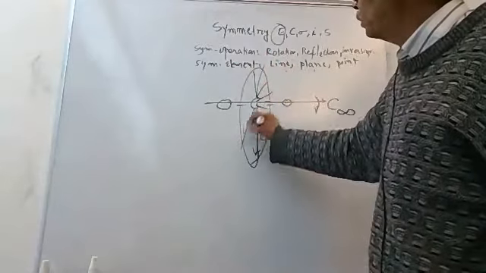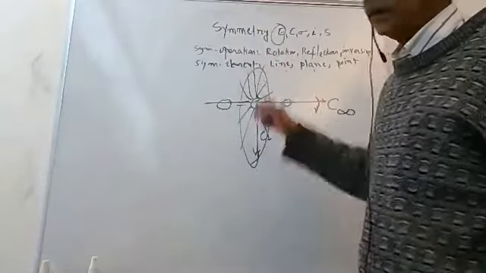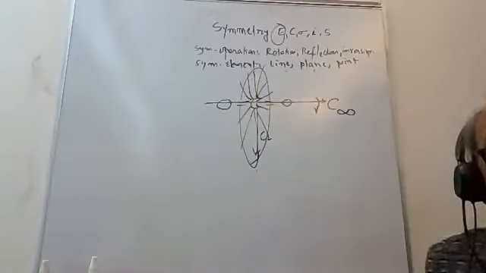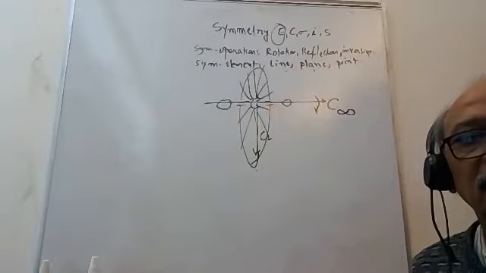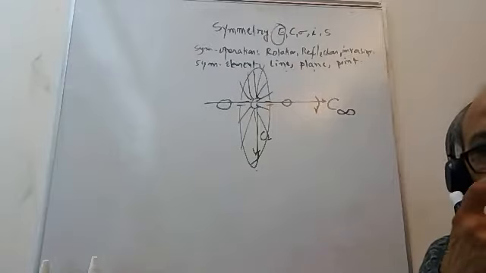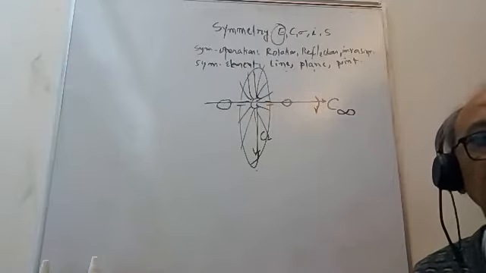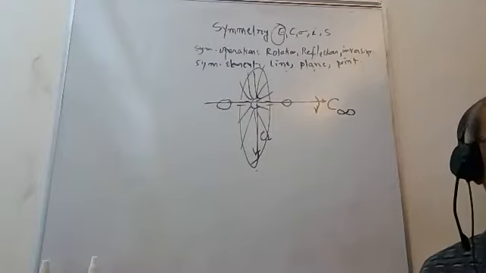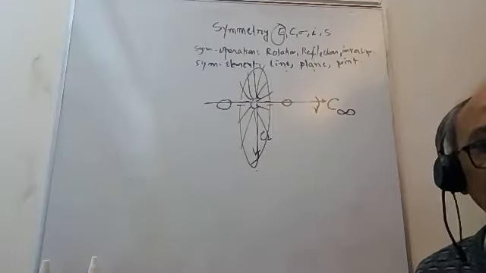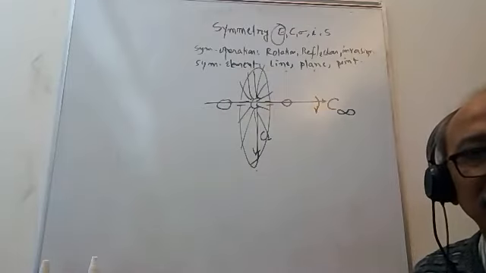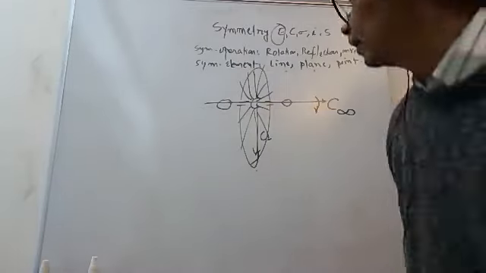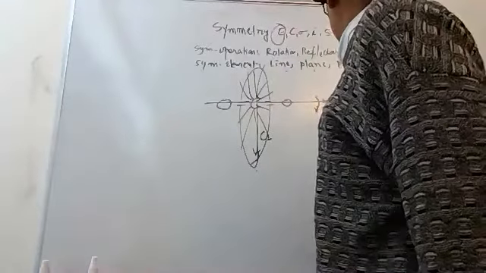All of them are C2s. If you have a circle around the carbon atom, perpendicular to both the oxygen atoms, every line there is a C2. So how many C2s do we have? Infinity. Absolutely correct. So it has infinite C2s.